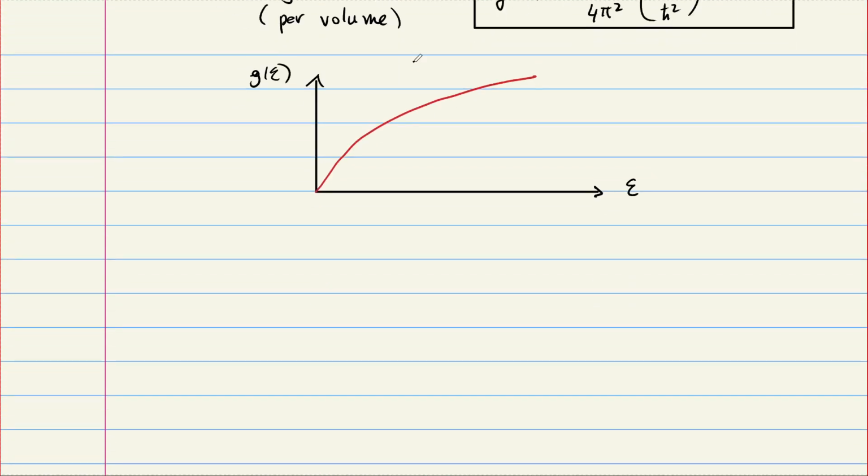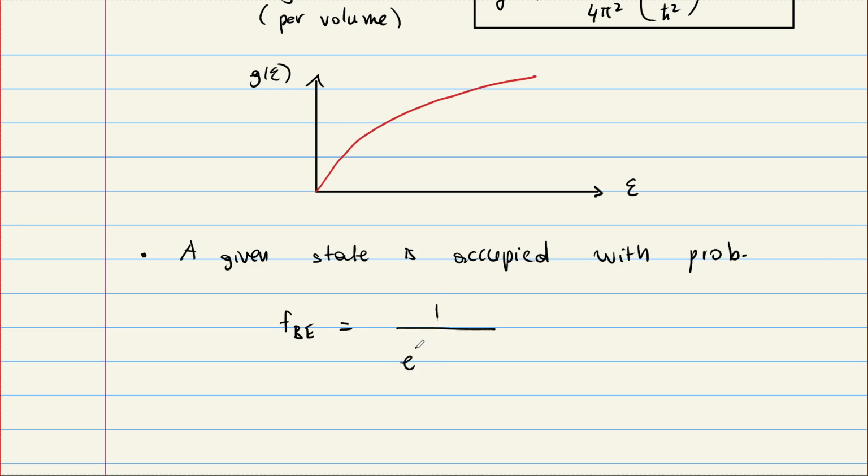Now, this is about the geometry of the problem. It has nothing to do with particles. Now, if we put particles, like bosons in this case, a given state is occupied with probability given by the Bose-Einstein distribution, BE, given by 1 over e to the beta (epsilon minus mu) minus 1.